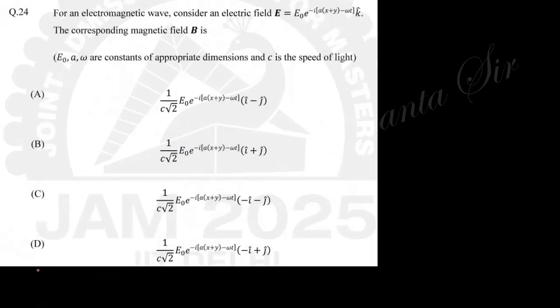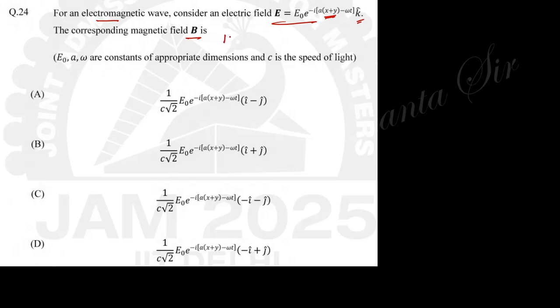Next question. The next question says that for an electromagnetic wave, consider the electric field is like that. This is in the xy plane and the electric field is along the k axis. You need to find the corresponding B. So this wave propagates along the xy plane.